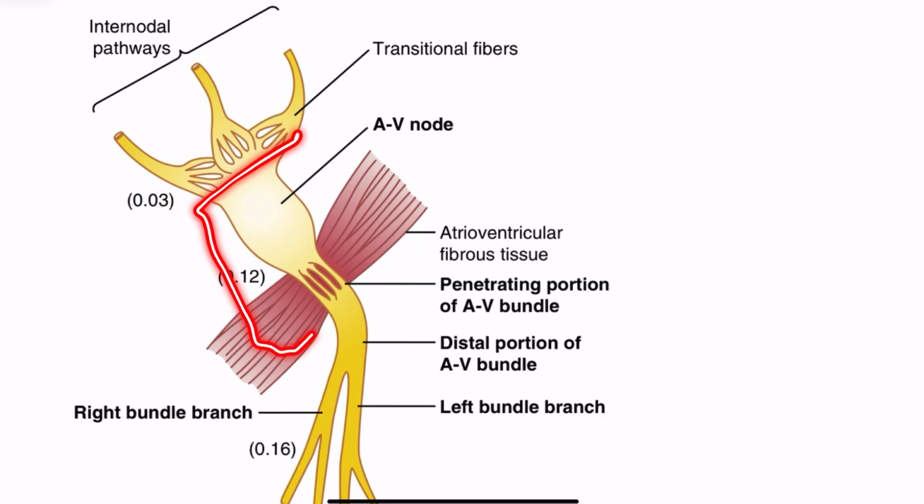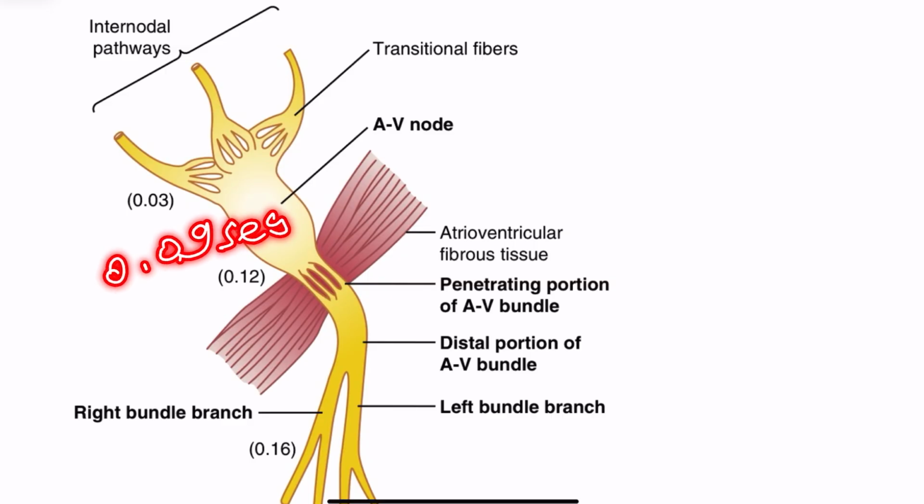Now this is the AV node. In the AV node, the delay will be around 0.09 seconds. If we add 0.03 seconds and 0.09 seconds, it will be 0.12 seconds till it reaches this point. And we can see these are the penetrating portions, or the penetrating fascicles, of the AV node.